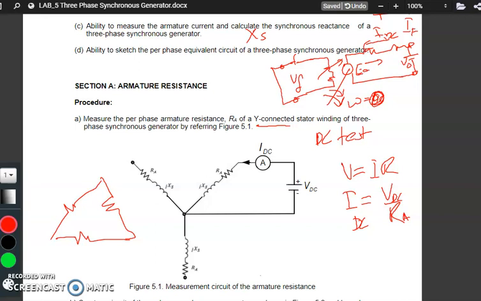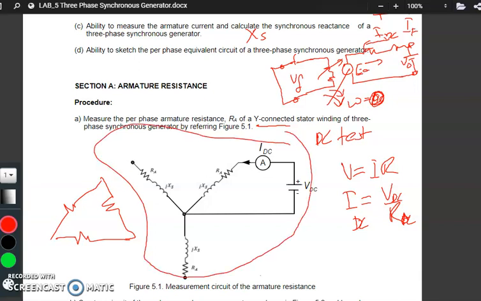This is RDC first. We put it as RDC because we have two kinds of connection. If you have a Y connection circuit, we apply V to the circuit and measure I, this IDC. So RA here is equal to RDC.